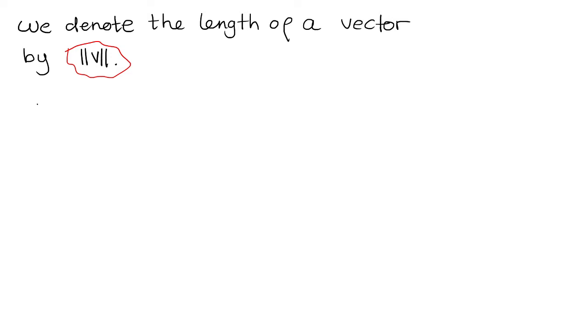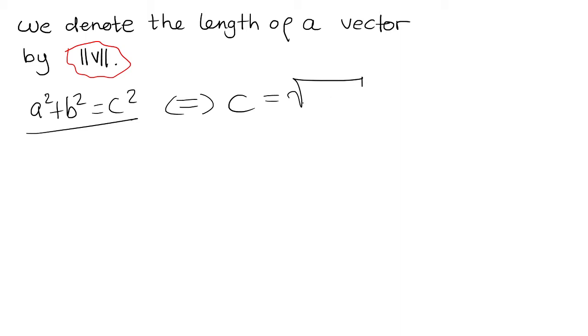The length of a vector actually stems from Pythagoras and the Pythagorean theorem. Because we know that, from Pythagoras, a squared plus b squared is equal to c squared. That is the Pythagorean theorem. If we solve for c, we simply have c is equal to the square root of a squared plus b squared.